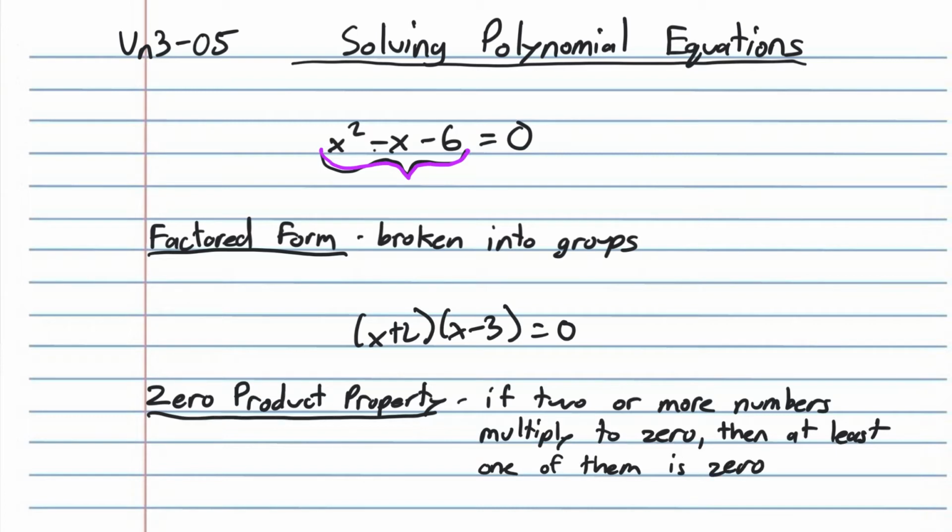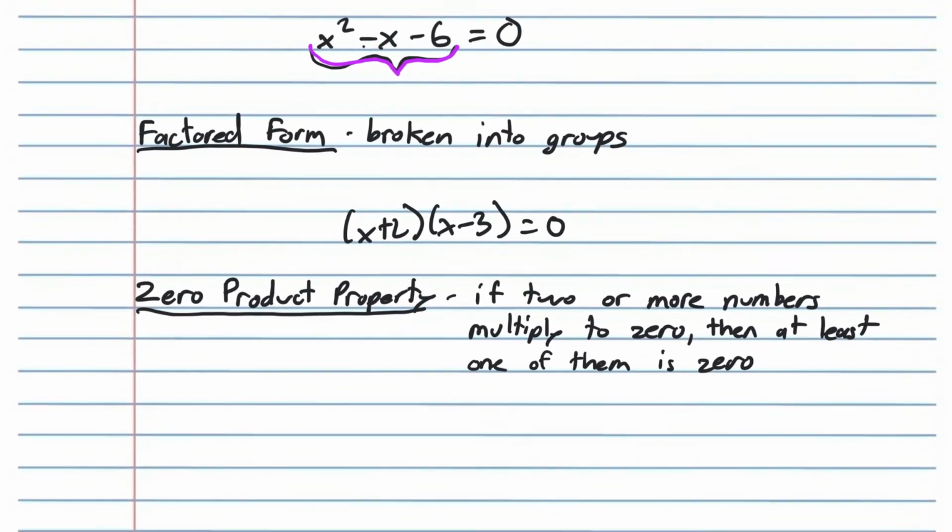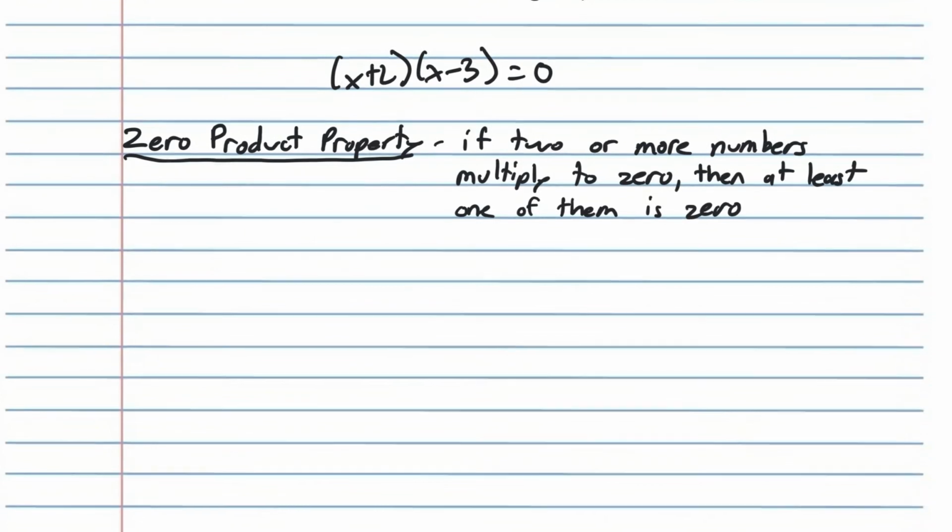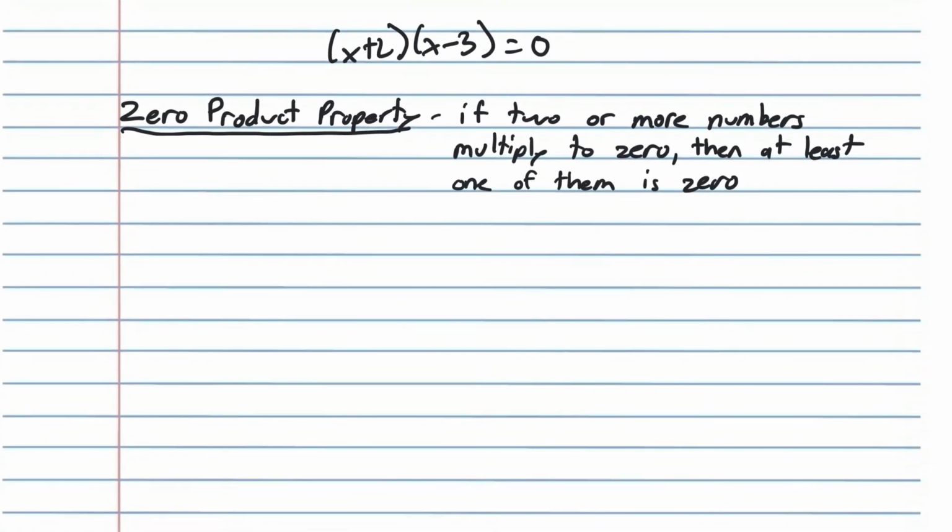If you think about it, it makes logical sense. A lot of times we'll say that multiplying by 0 is the easiest because it makes things disappear. Anything times 0 is 0. Here's another way to think about it.